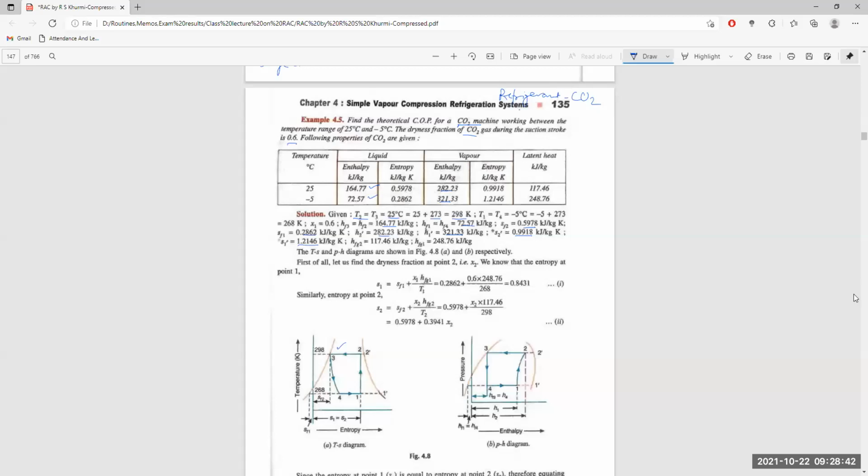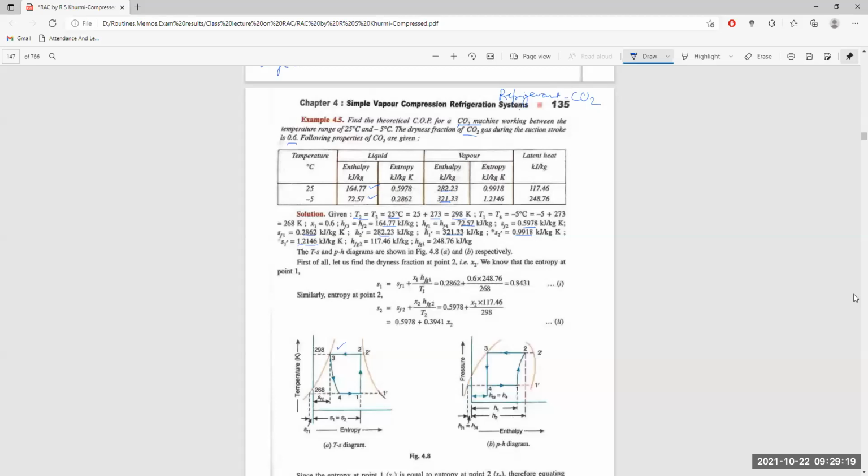So now we find the dryness fraction. We have to find the dryness fraction at point 2 itself, and we know that the entropy at point 1 is equal to the entropy at point 2. S1 is equal to S2. S1 is given by SF1, the entropy of the fluid at 1, plus X1, the fraction of vapor, multiplied by the latent heat at point 1 itself, divided by the absolute temperature at point 1.